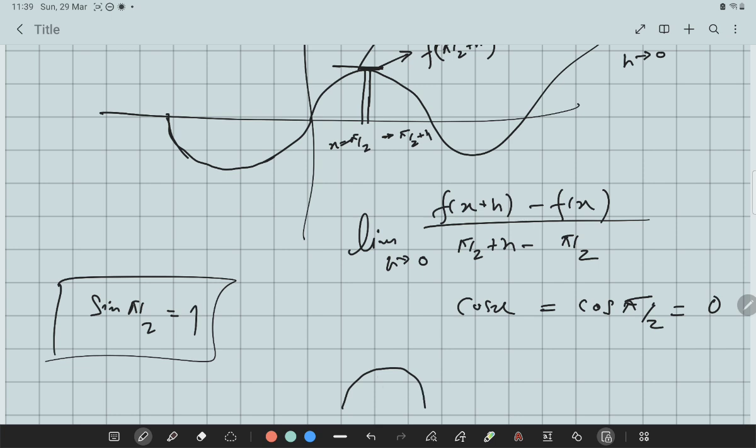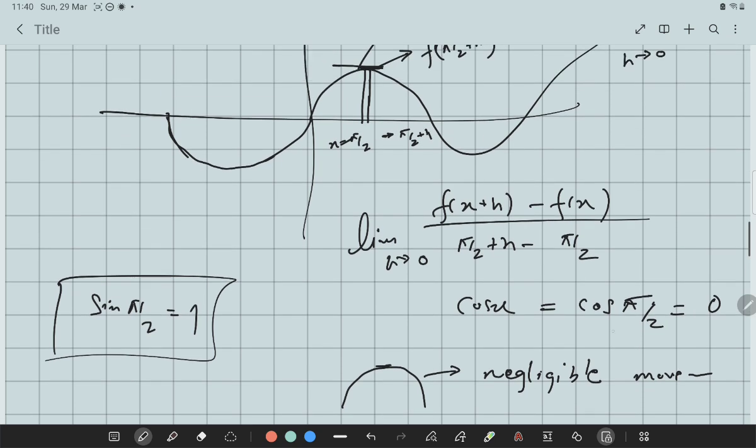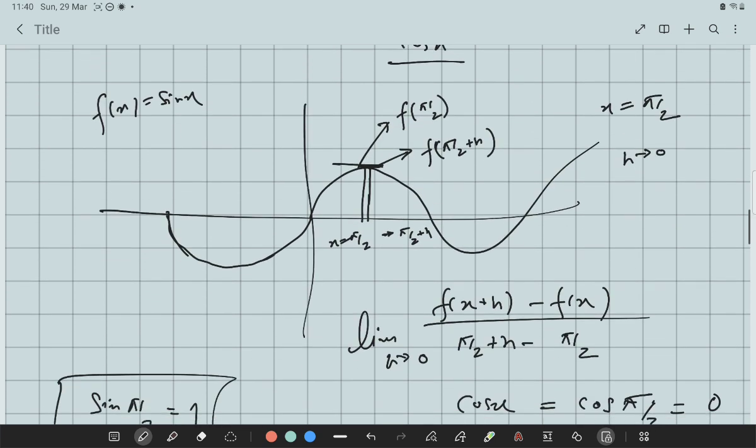If I take a very small difference here, for me it's a very negligible movement. So without even seeing cos x, you can say this value will definitely be 0. This is the point where the least change is happening with time, if you take x as time. But if I ask where the maximum change is happening, that is the interesting case for you to see.